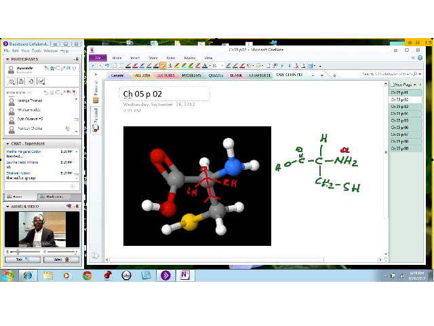Keep in mind the atomic number of sulfur is 16, whereas the atomic number of oxygen is 8. So therefore, this group right here will be priority B. Okay? So make that correction, please. Okay, so that is B. And therefore the carboxyl is going to be C.